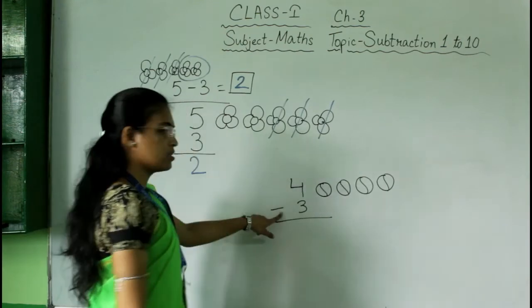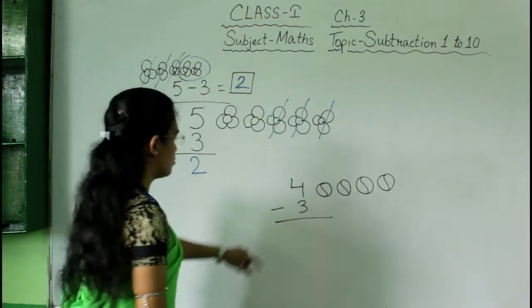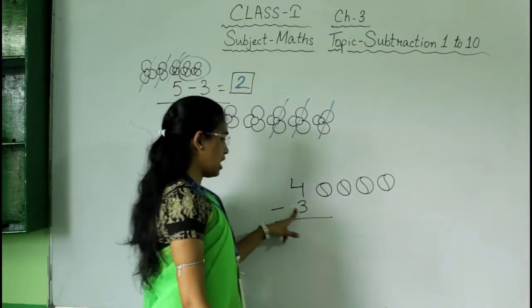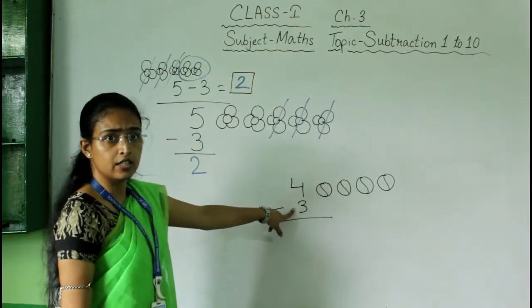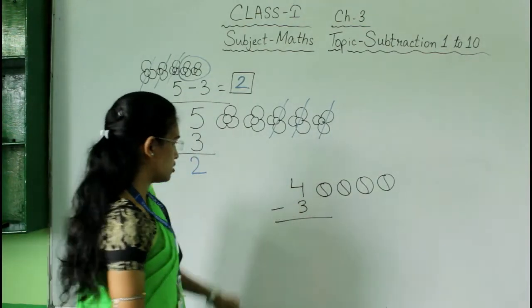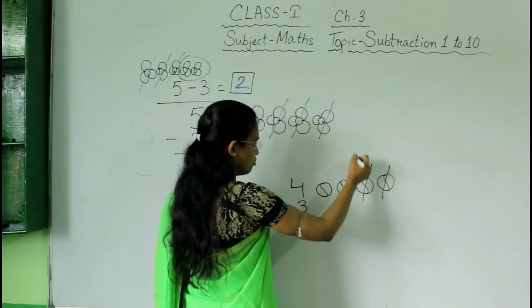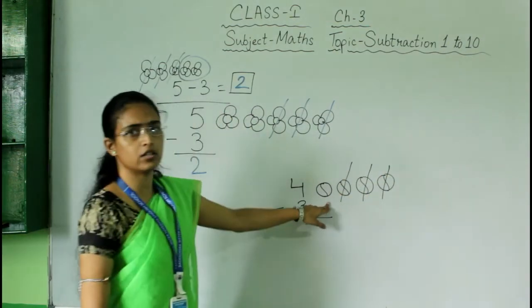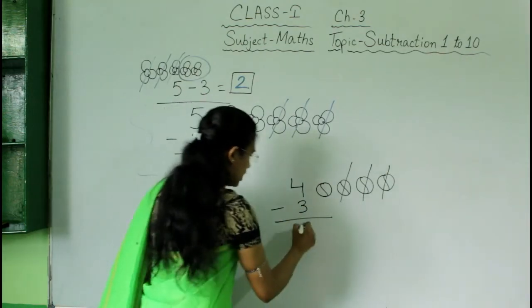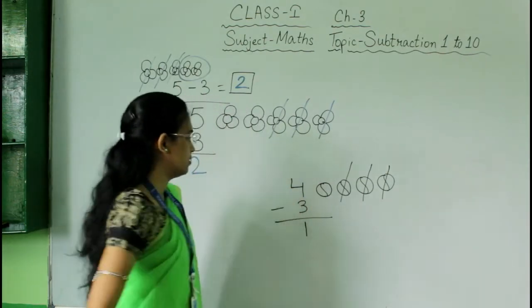And what is this? Minus sign. So how many balls do we have to cut? We have to cut 3 balls. 1, 2, 3. So how many balls are left? 1 ball. So the answer is 1. Okay?